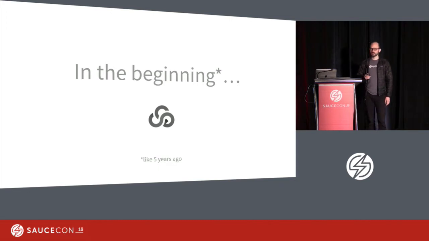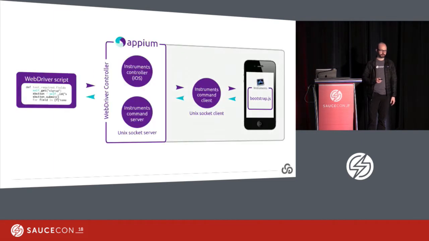So a very, very long time ago, like 5 years ago, Appium was brand new. We had just kind of taken it from the brains of Dan Cuellar and Jason Huggins and started to turn it into something that people could really use. And we started to rewrite it from scratch in JavaScript and all that.